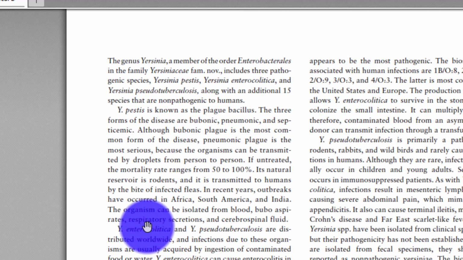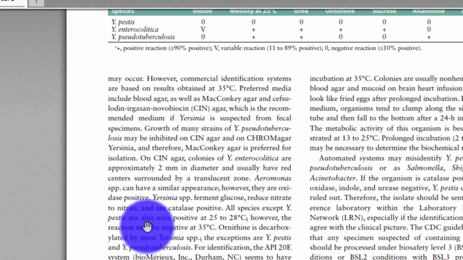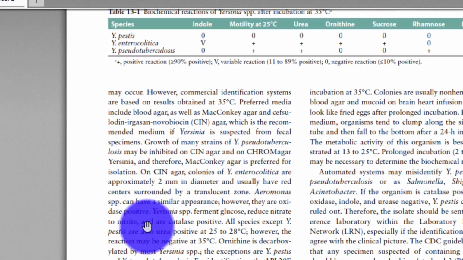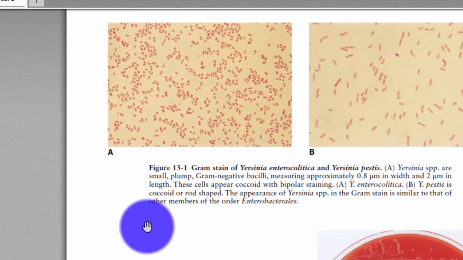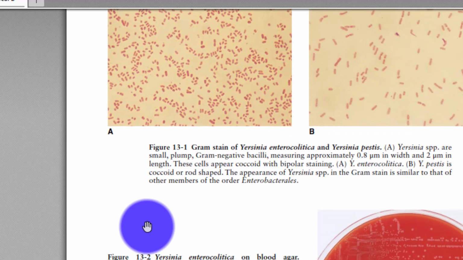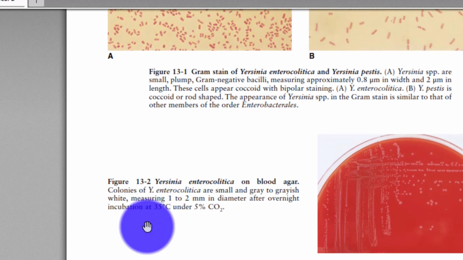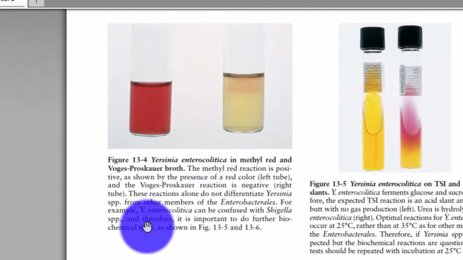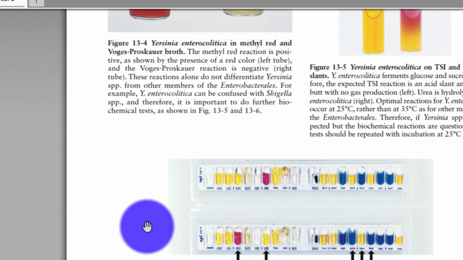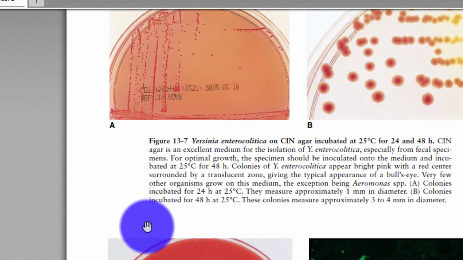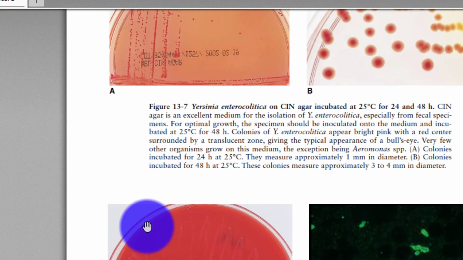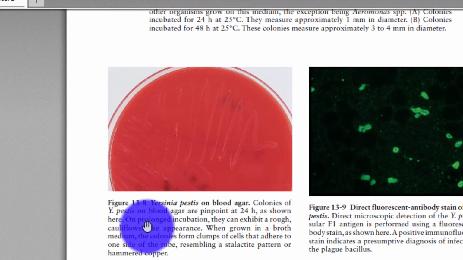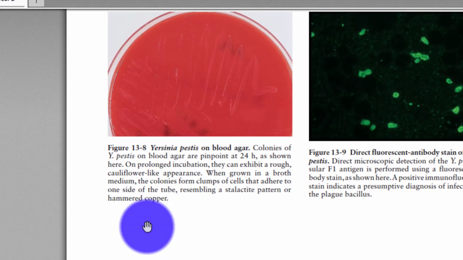Yersinia. Gram stain, Yersinia enterocolitica, Yersinia on blood agar, Yersinia on MacConkey, biochemical test. Yersinia, fish, Yersinia on blood agar.